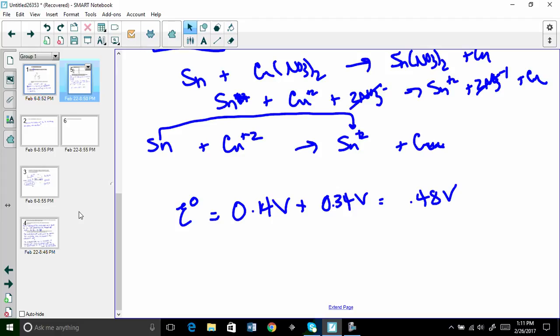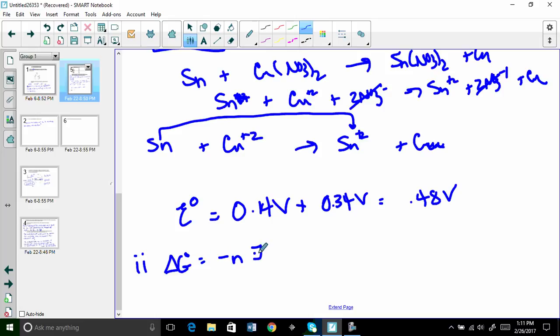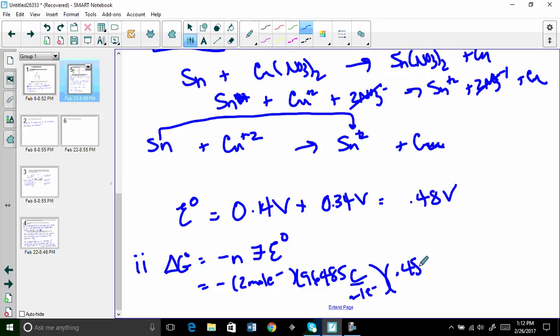And then they asked for G, and so G naught is going to be negative nFE naught. So you can see that it's negative 2 moles of electrons times 96,485 coulombs per mole of electrons times 0.48, but a volt is a joule per coulomb, and then 1,000 joules is a kilojoule.